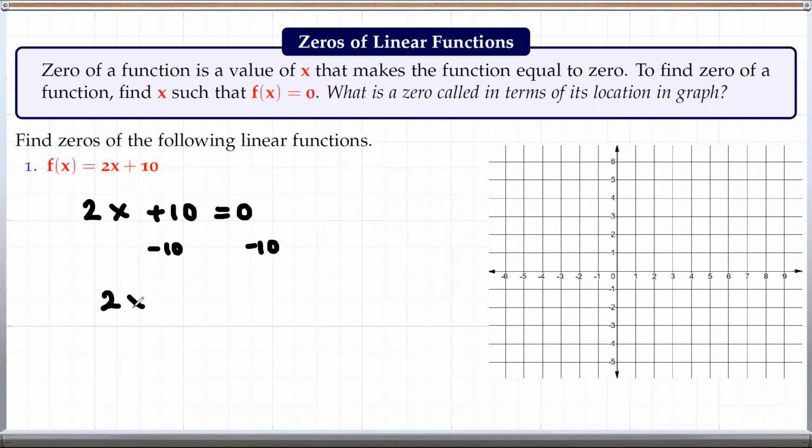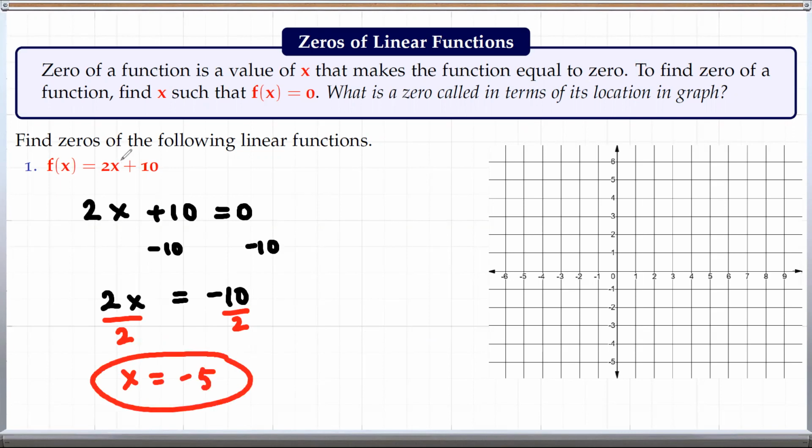We get 2x equals negative 10. Then divide both sides by 2. That gives us x equals negative 5. So negative 5 is the zero of this particular function, because when you replace x with negative 5 in this function, that will make the function zero.